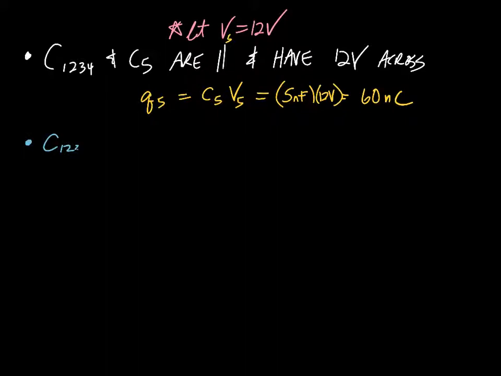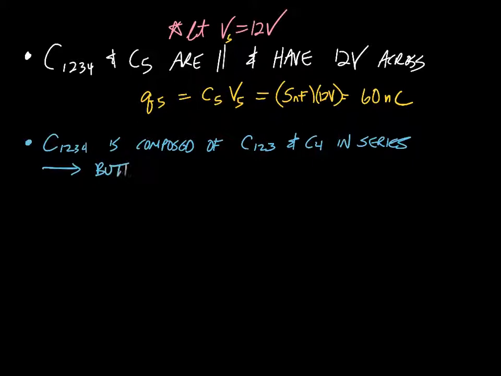But C1, 2, 3, 4 is composed of C1, 2, 3, and C4 in series, which means both have the same charge. So this is going back to our analysis that preceded the example. How we're going to use those things that we deduced. They have all the same charge, which in this case would be what's on Q4.